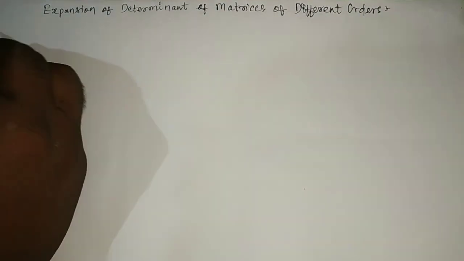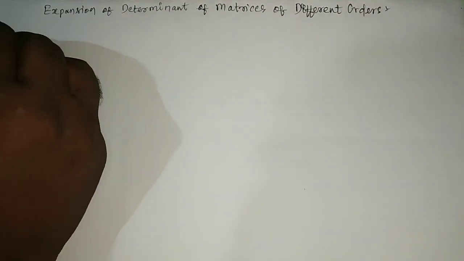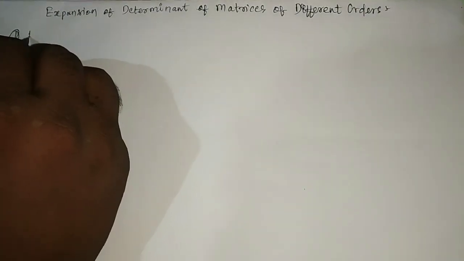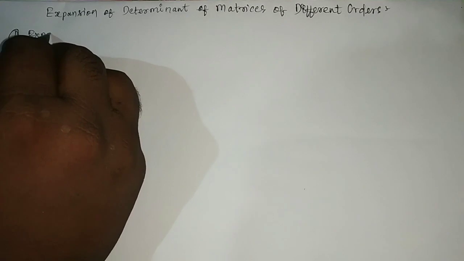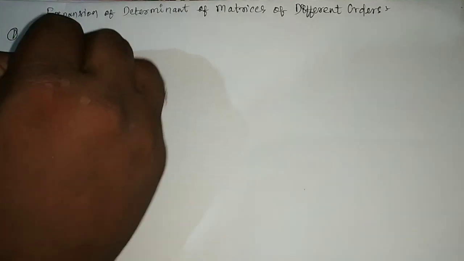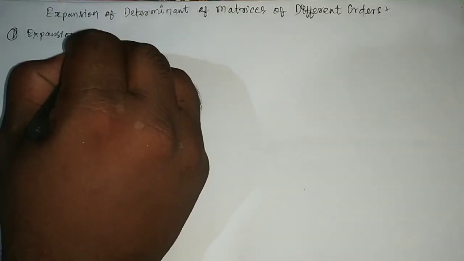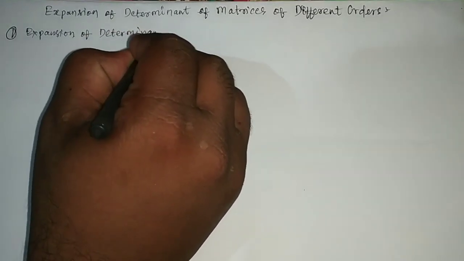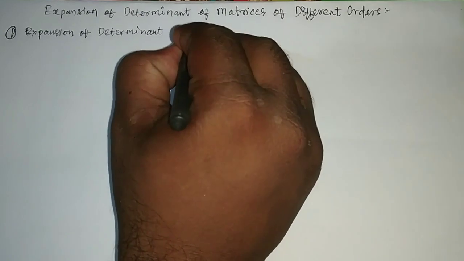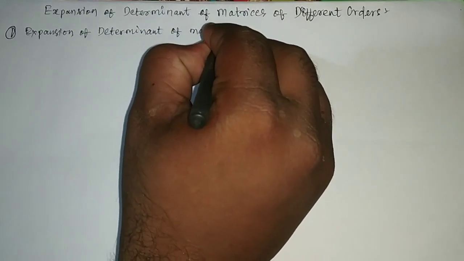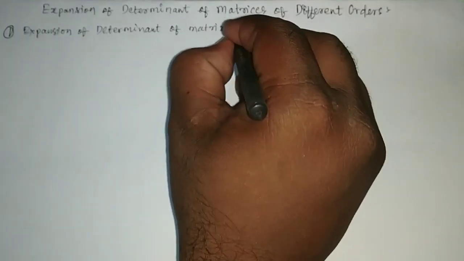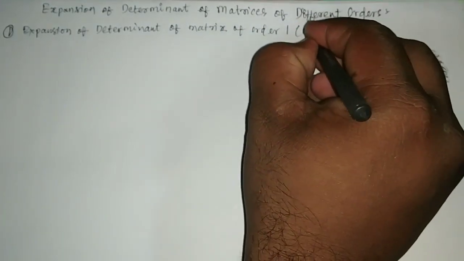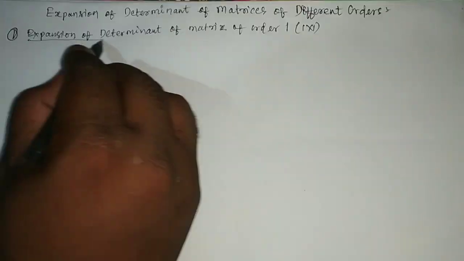First one, expansion of the determinant of a matrix of order 1, that means 1 by 1.